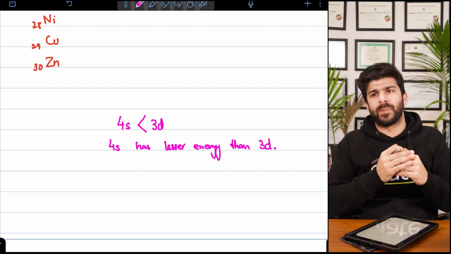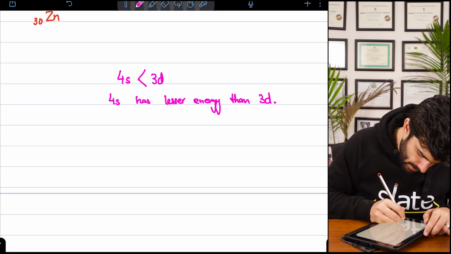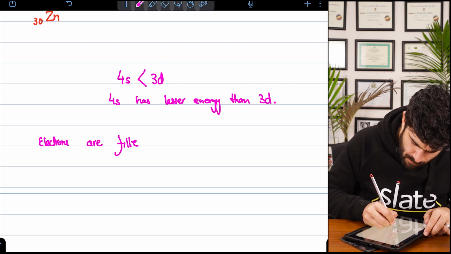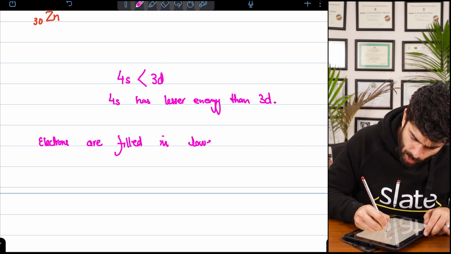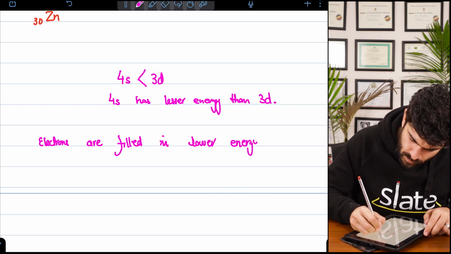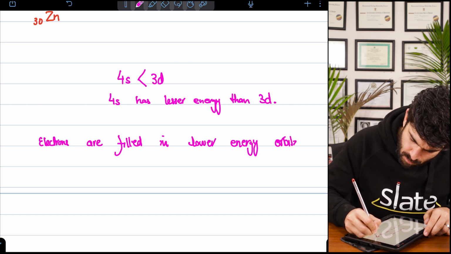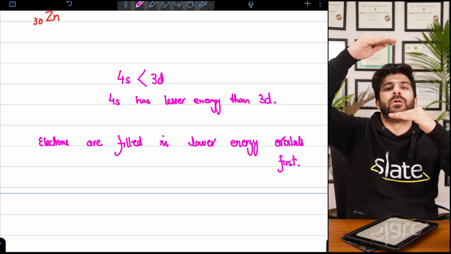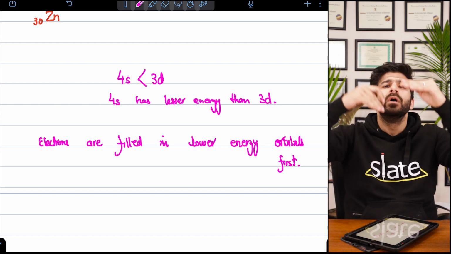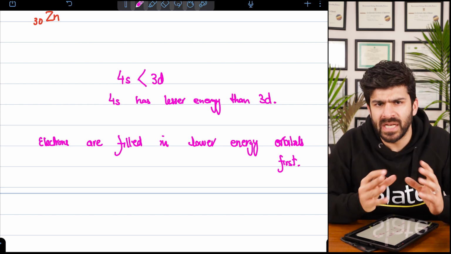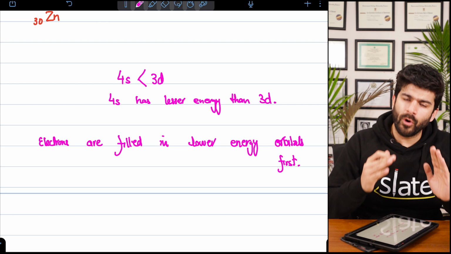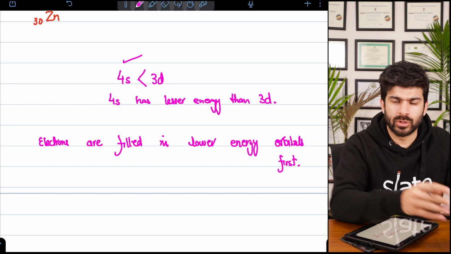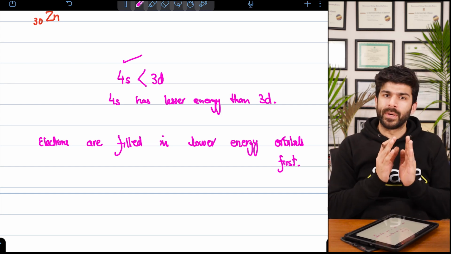And as per the Aufbau principle, electrons are filled in the lower energy orbitals first. Although 4s is from the other energy level, it has lesser energy. It is because of the shape and other factors, but mainly because of the spherical shape. But 4s has a lesser energy than 3d, so 4s is filled first. So that is what we know, that in the case of d orbitals, it's the 4s.